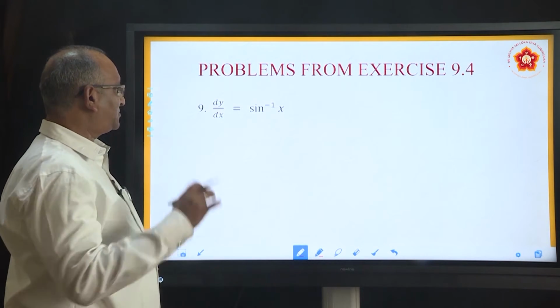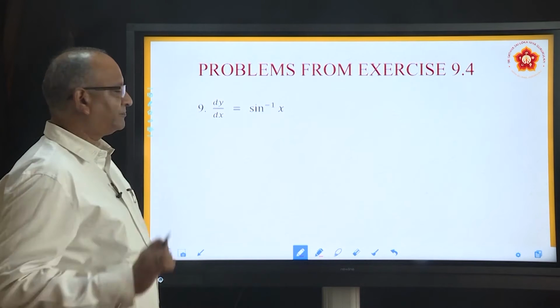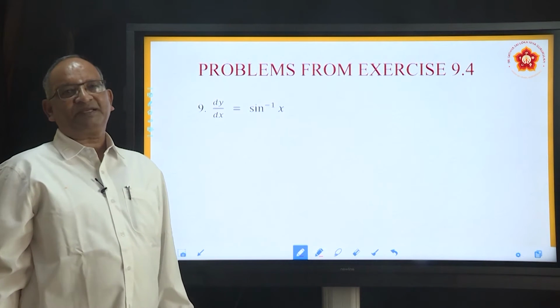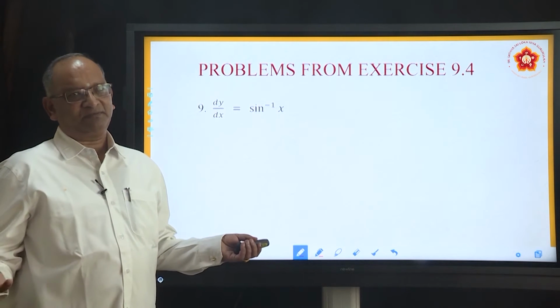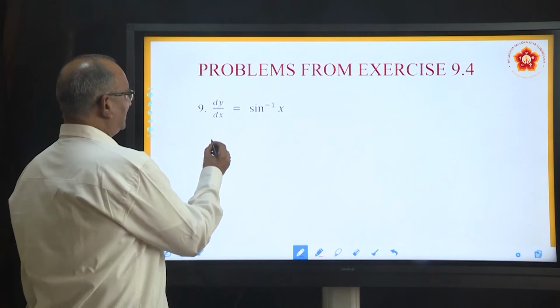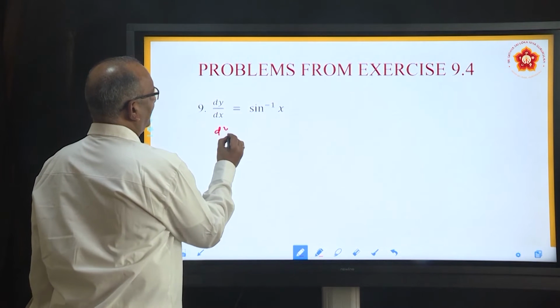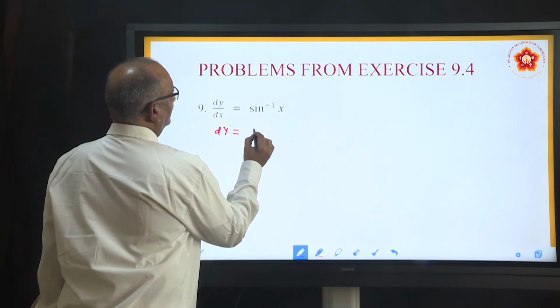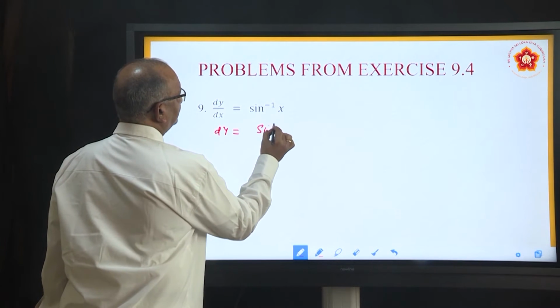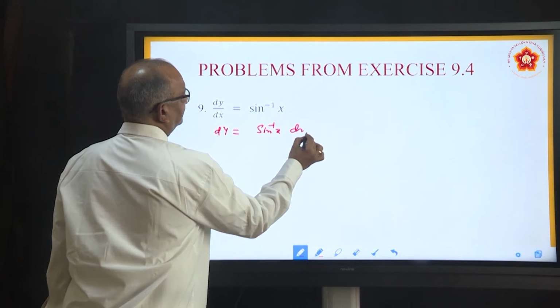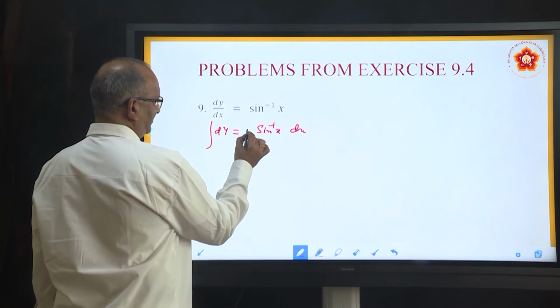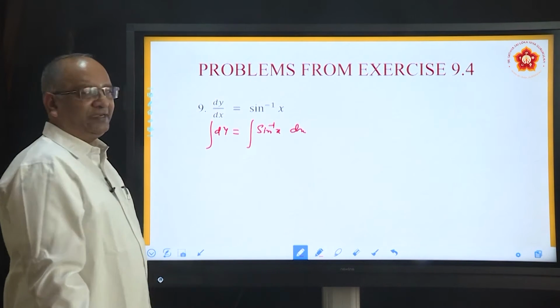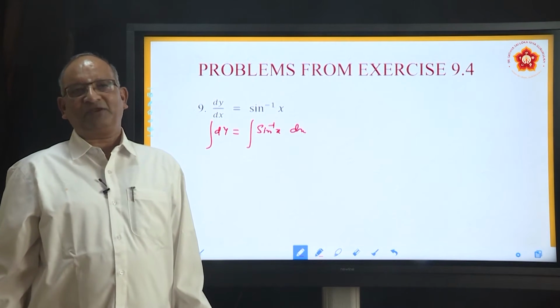We move on to the next problem, the ninth one. What is the objective? To separate the variables, and it is very simple. This can be written as dy equal to sin inverse x dx. Integrate. How do you integrate inverse trigonometric functions?